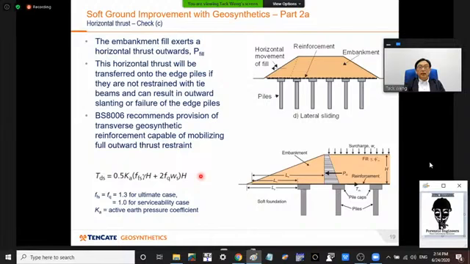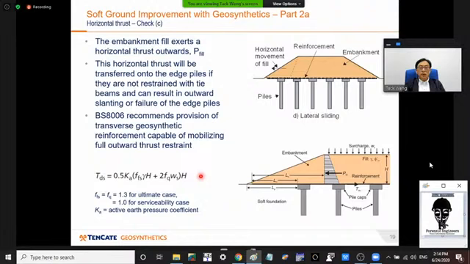Check C involves the horizontal thrust. The embankment has got a push sideways, which can do a number of things. It can actually push the piles away sideways and tilt the piles.